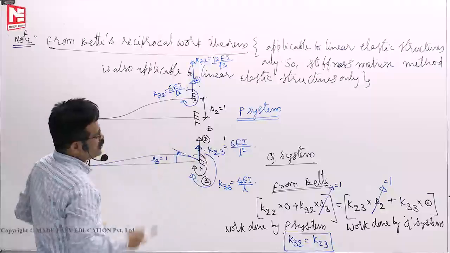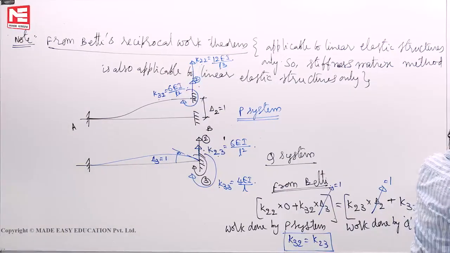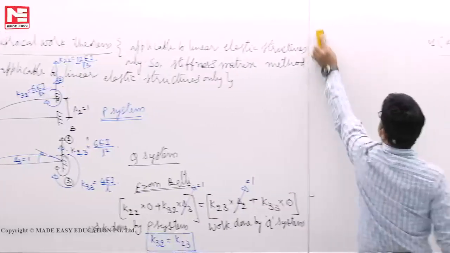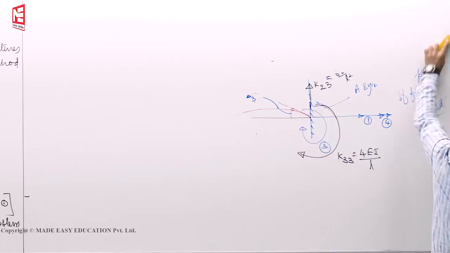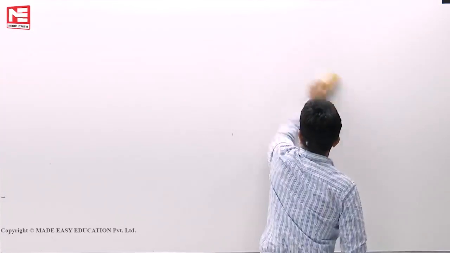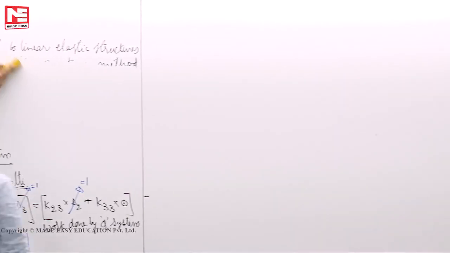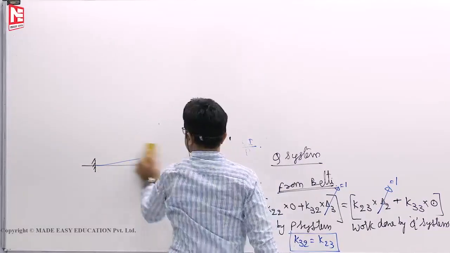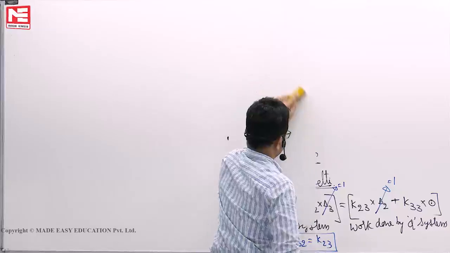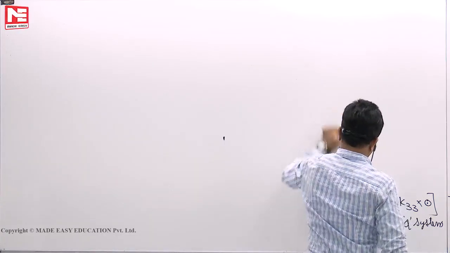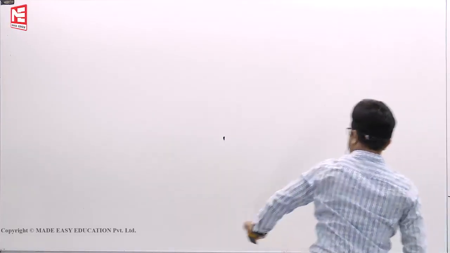Next, fourth one is torsional stiffness. Okay.